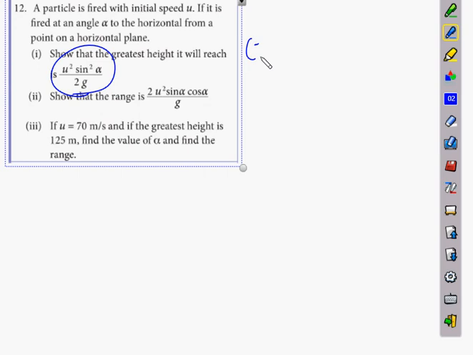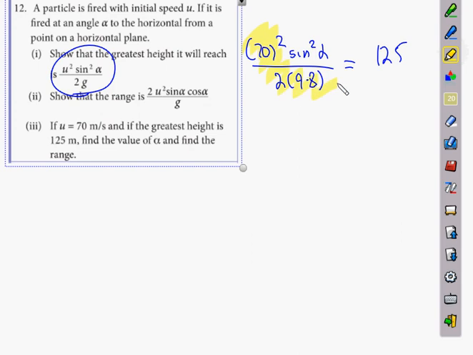So I'm just going to get 70 squared sine squared alpha all over 2 times 9.8 equals 125. I'll put all of this part into my calculator, and whatever that answer is, I'm going to divide it down here underneath the 125.